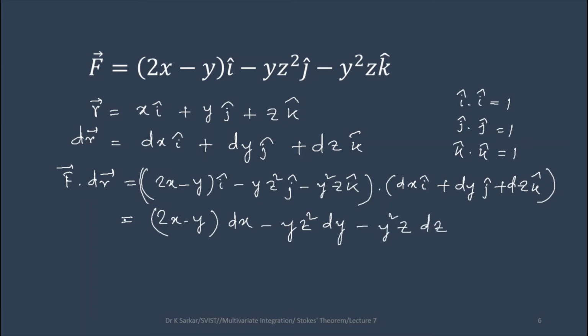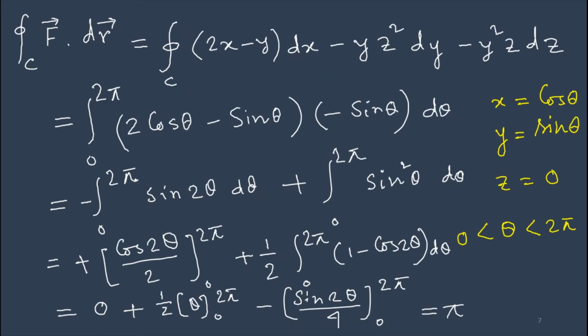Now we have to find the line integral of f dot dr. Here we find the line integral of f dot dr, taking the substitution x equals cos theta, y equals sin theta and z equals 0, where theta varies from 0 to 2 pi.